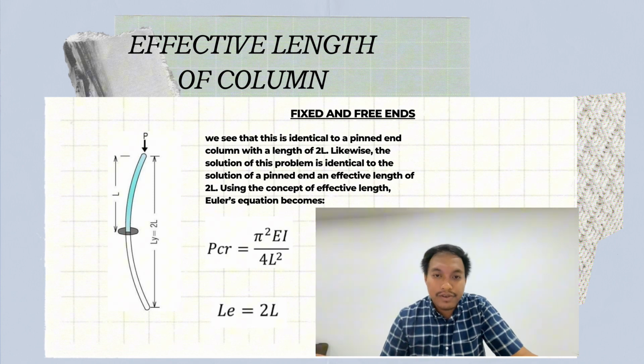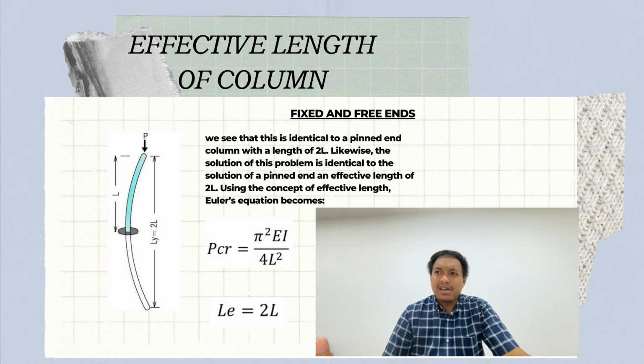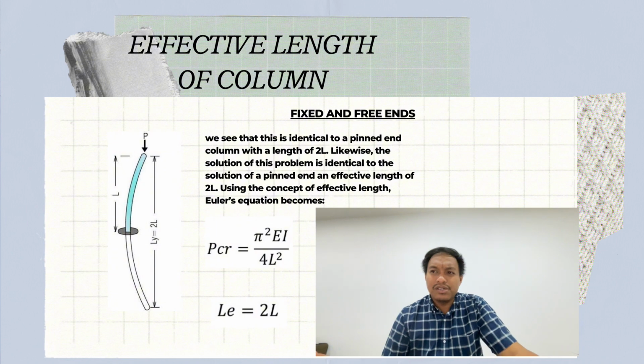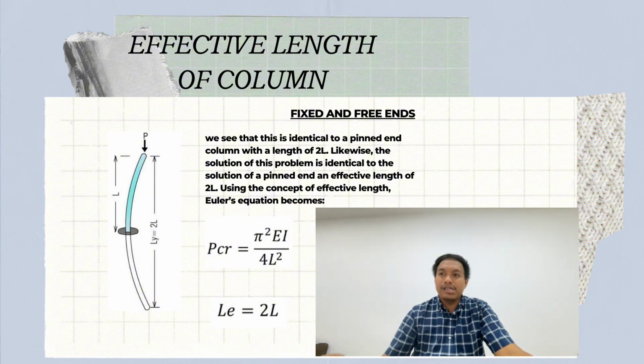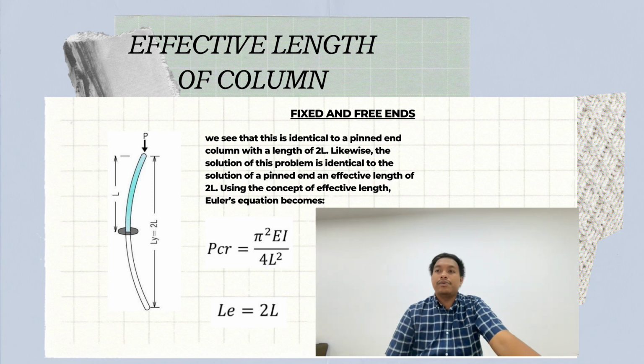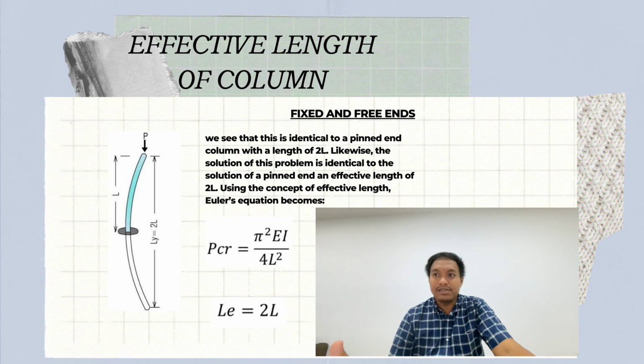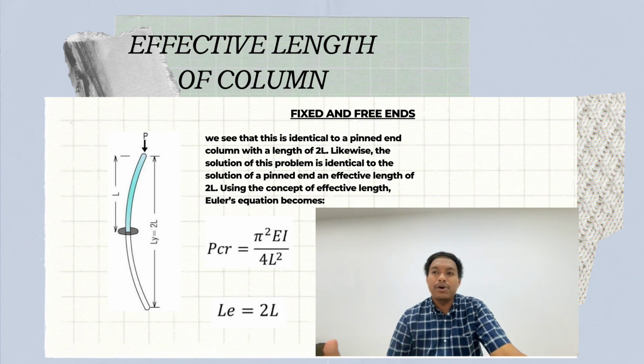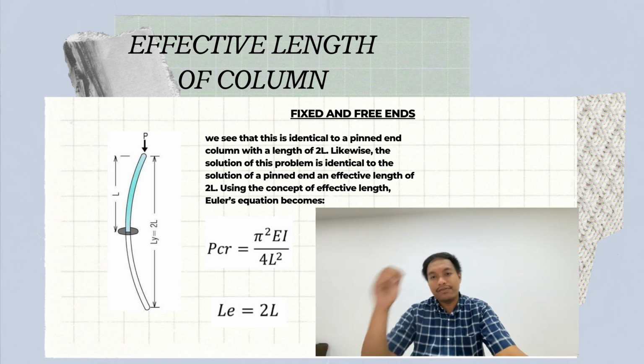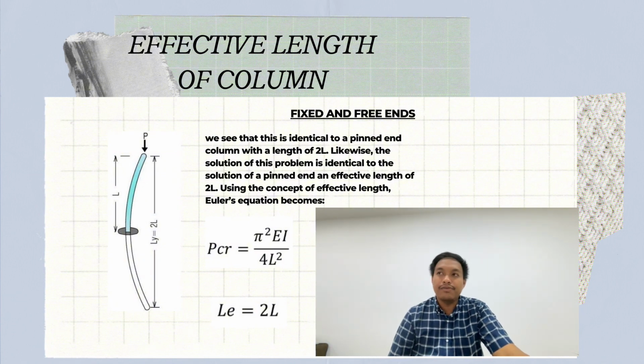Likewise, the solution of the problem is identical to the solution of pin end with effective length of 2L. Using the concept of effective length, the Euler equation becomes PCR equals pi squared EI divided by 4L squared.